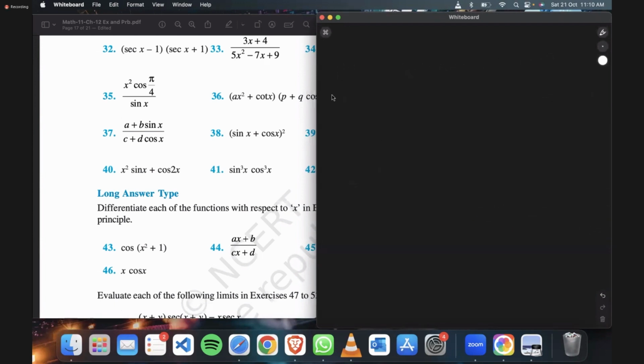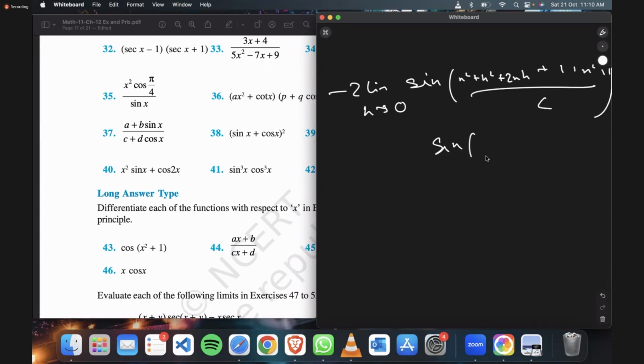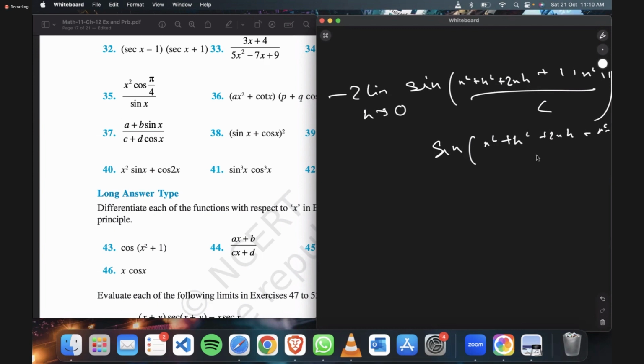So minus 2 times limit h tends to 0 of sine of (x squared plus h squared plus 2xh plus 1 plus x squared plus 1) whole divided by 2, times sine of (x squared plus h squared plus 2xh minus x squared minus 1 minus x squared minus 1) by 2, the whole thing.